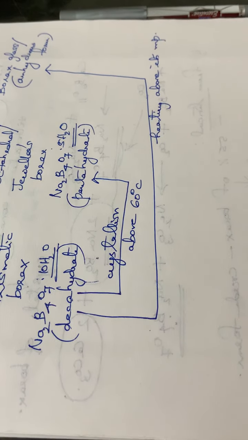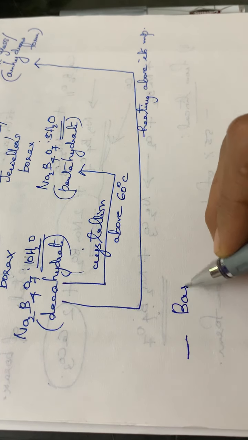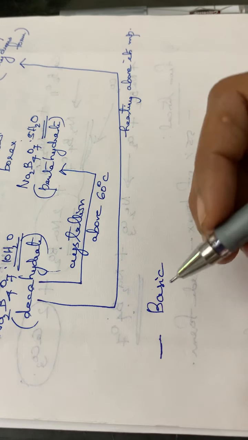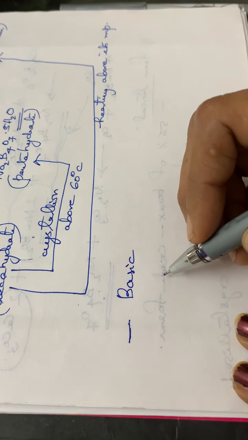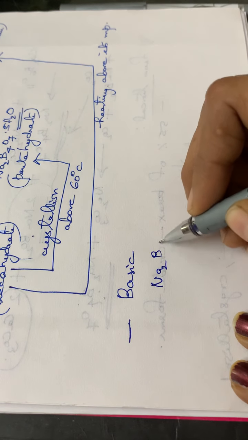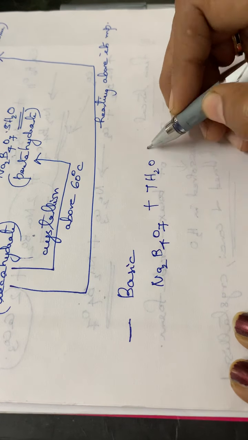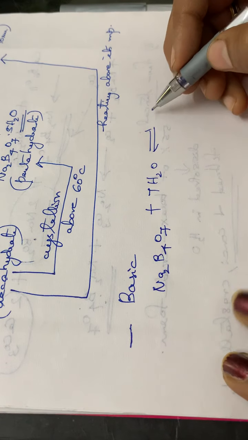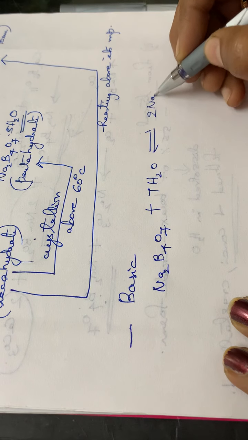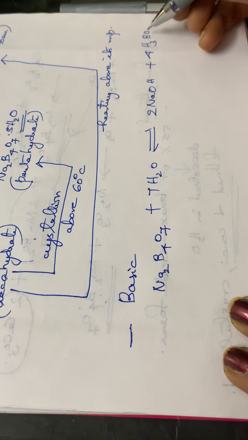Then the next one, that is the basic nature. Normally borax is basic in nature, that is it has alkaline nature, and it also undergoes hydrolysis. Na2B4O7 plus 7H2O, while dissolving in water, forms 2NaOH plus 4H3BO3, that is sodium hydroxide and boric acid.